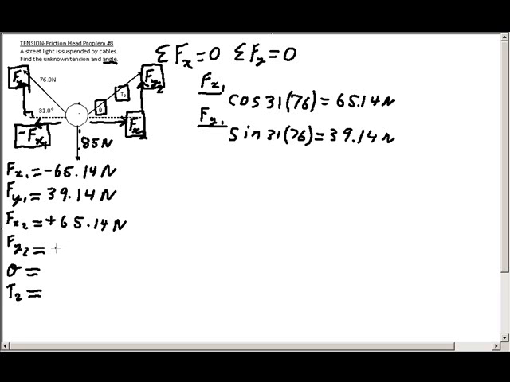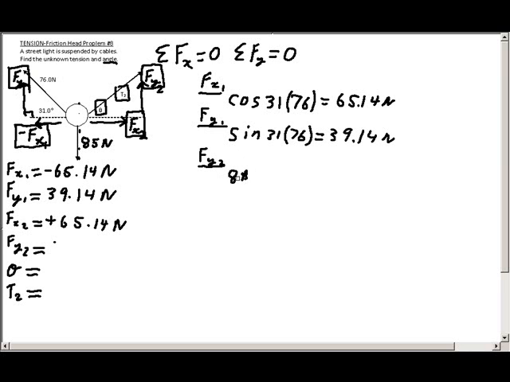So F of y2 is going to be the following. Let's put it over here actually. What we have is the force going down is 85 newtons. Did the same thing again.